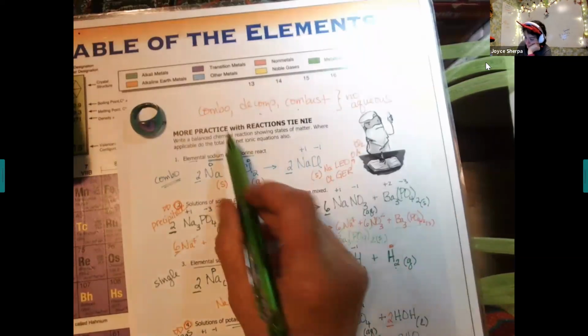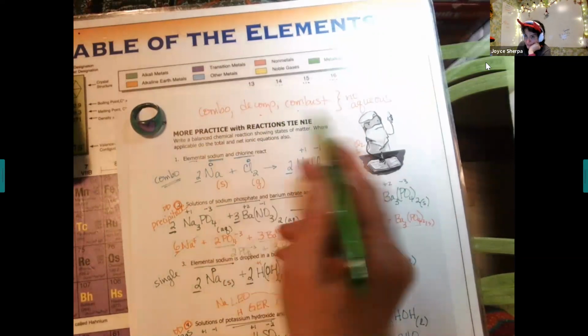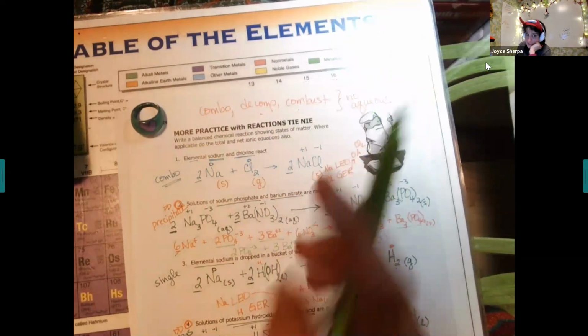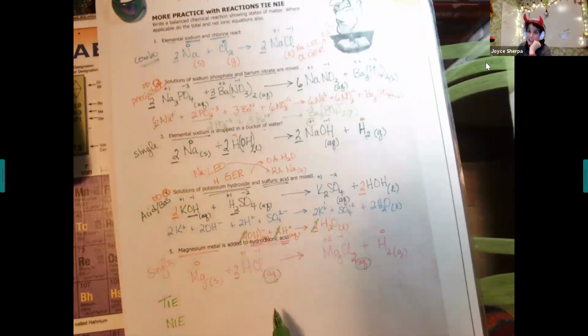I have aqueous on both sides. If you have aqueous on both sides, again, it will not happen with a combo, decomp, and combustion. They have no aqueous at all. Doubles, absolutely. And singles will do the total ionic and net ionic.